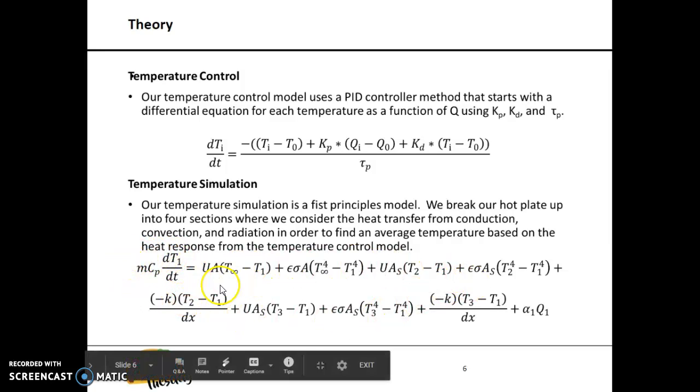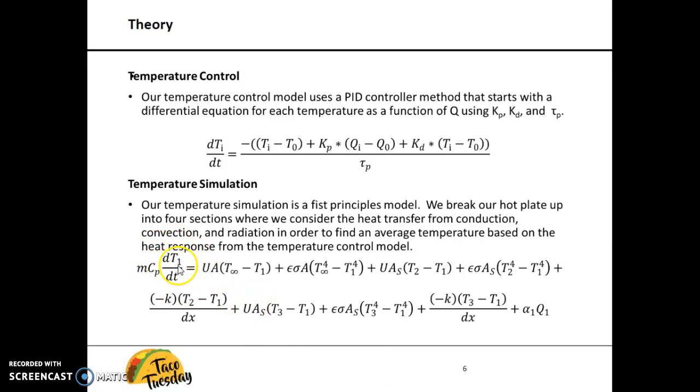This nasty long equation here is the change of temperature for the first cell. The first cell is adjacent to the second to the right and the third to the bottom. So all these terms, we can go over them briefly. The first one is the amount of heat that's lost through convection to the ambient air. The second one is the amount of heat that's lost through radiation or emissivity to the air.